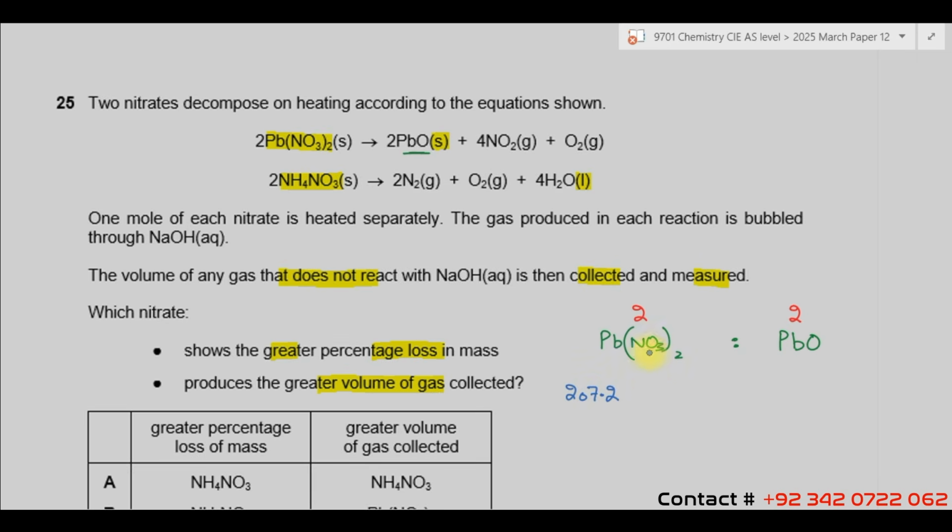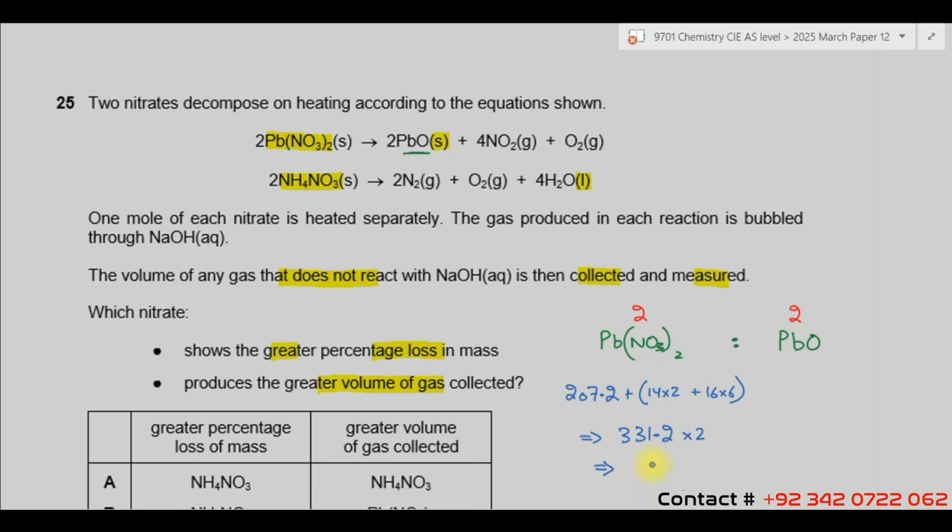There are 2 nitrogens, 6 oxygens: 14 into 2 for nitrogens and 16 into 6 for oxygens. So the molecular mass comes equal to 331.2. As there are 2 moles, we can multiply it with 2.